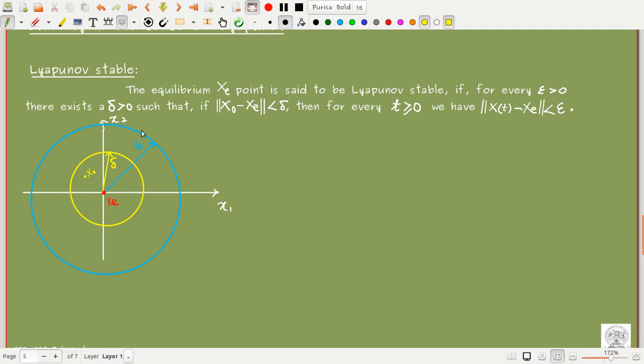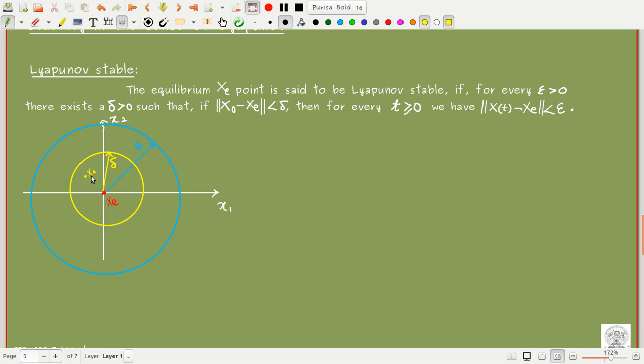Then the trajectory starts from this point, and it may or may not reach the equilibrium point. The condition for stability says that x(t) must lie within epsilon. It does not mean that it has to go directly to the equilibrium point.